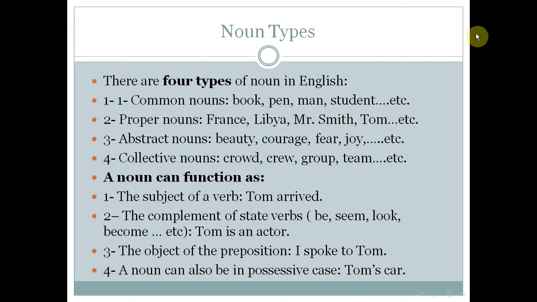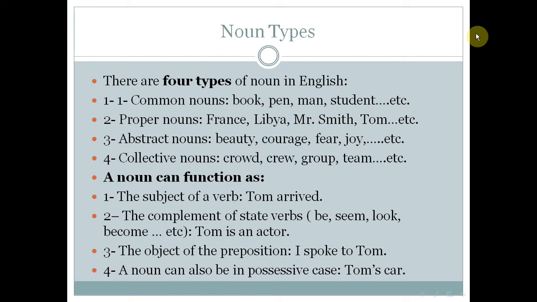State verb is. Number 3, the object of the preposition. For example, I spoke to Tom. So, to Tom is the object of the preposition. To is a preposition.